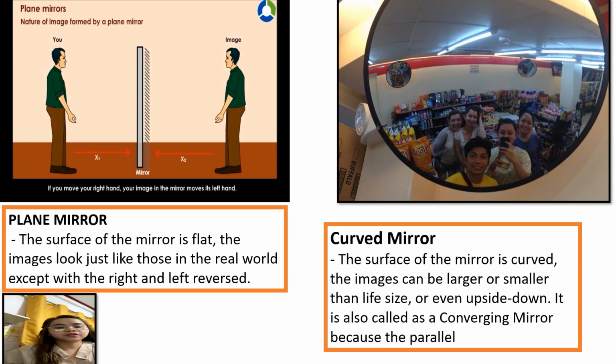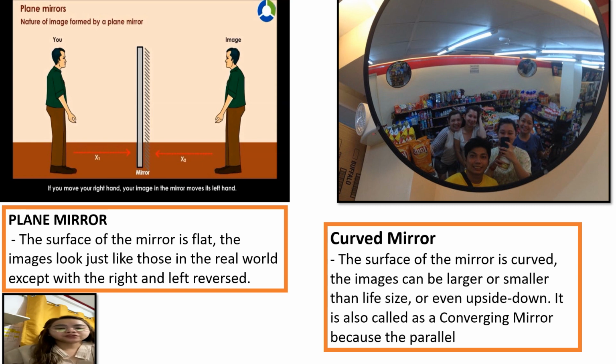We have here two types of mirrors, the plane mirror and the curved mirror. When it comes to the plane mirror, we use it daily, especially after taking a bath and before we go out, for us to fix ourselves.